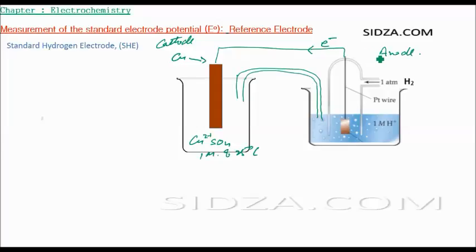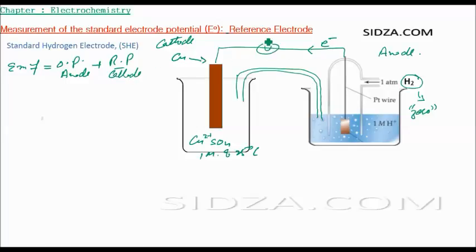Since electrons are flowing from hydrogen, the reference electrode, and we know the electrode potential of hydrogen is taken as 0 whether it acts as an anode or a cathode, in both cases it is taken as 0. And we know the EMF of a cell is the oxidation potential of the anode plus the reduction potential of the cathode. Say the EMF of the cell is 0.34 volts.